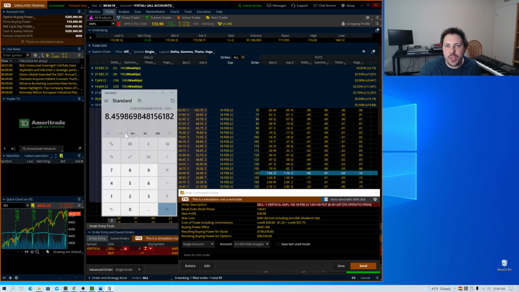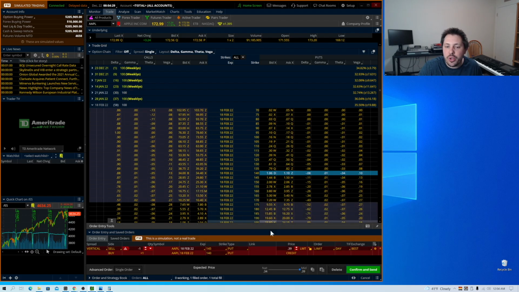You make 8% on your credit spread on your cash 3 times a week or once a month, whatever it may be. But for the sake of this example, what I'm trying to show you here is the farther away from at the money we sell this credit spread, the higher the probability of us winning is going to be, but the worse the risk to reward is going to be.